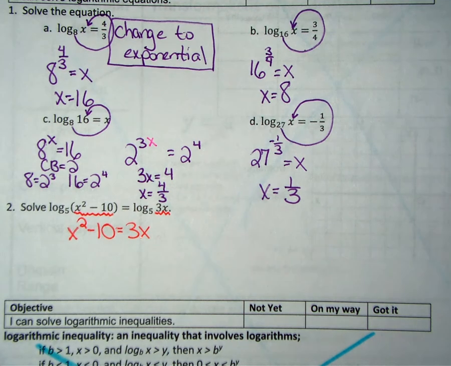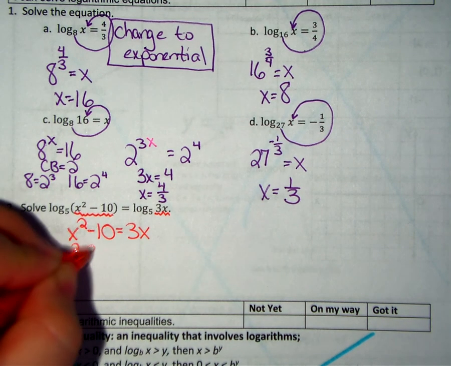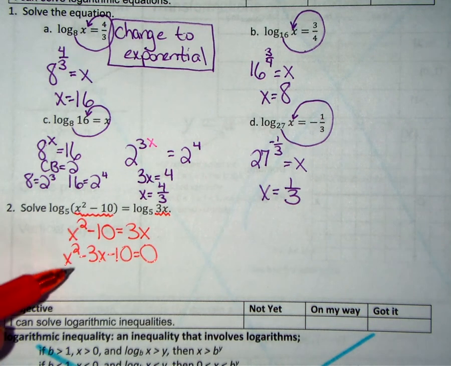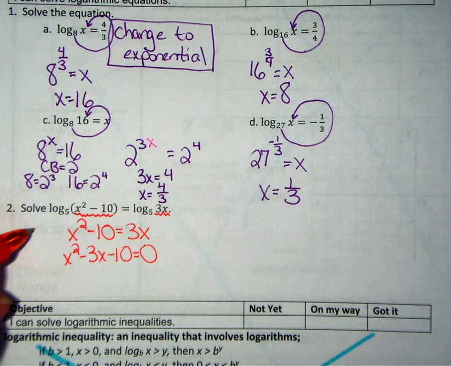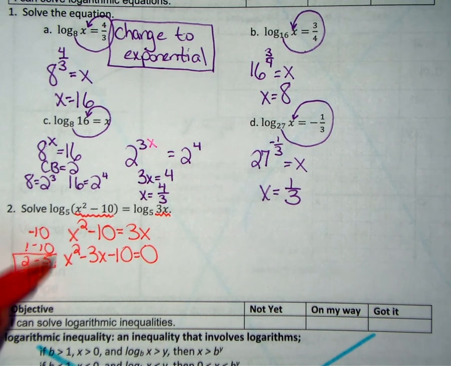This is a quadratic, so I'm going to have to subtract 3x from both sides. To solve this, we're going to factor. What number multiplies to be negative 10 but adds to be negative 3? That would be 2 and negative 5.